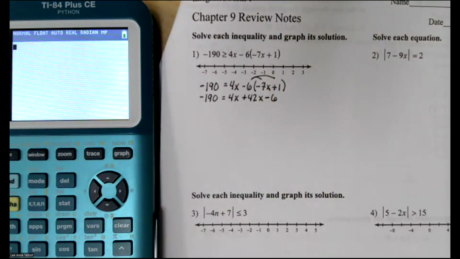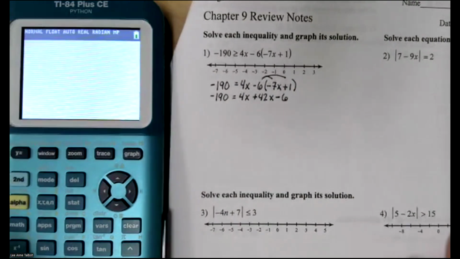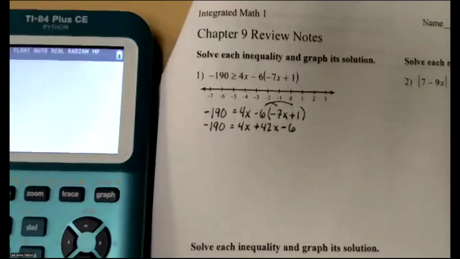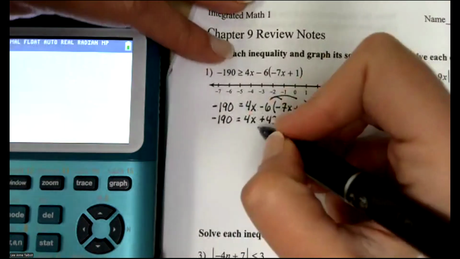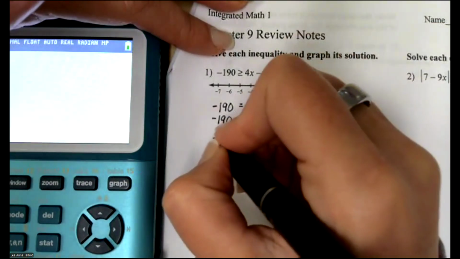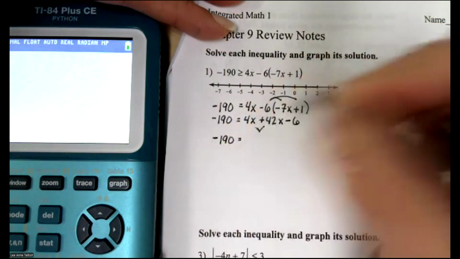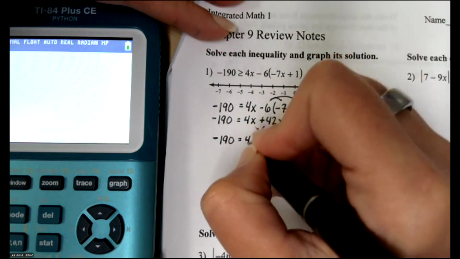Okay. So the first thing I did was pretend that I had equals and I distributed and was really careful to distribute -6. Now I'm going to combine like terms. This is 46.